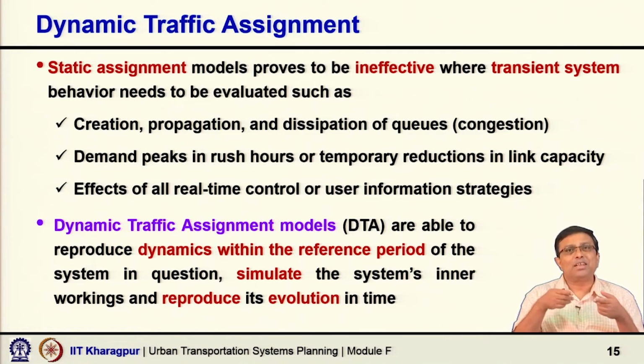So, the decision at t plus delta t will also depend on the demand at t plus delta t, what happened at time t, what the demand was, and how the route choice happens. So, time enters as another important consideration. Everything is now time dependent.